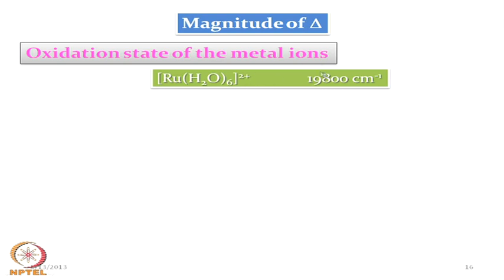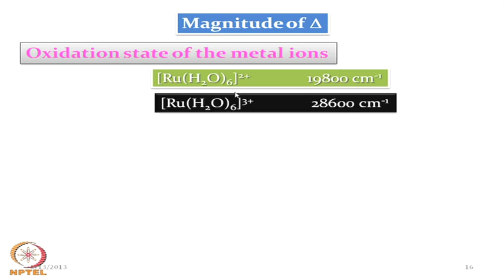This also gives some idea about the corresponding pairing energy term, which is known for the ruthenium system, and we can compare what type of spin state we get, whether this compound is high spin or low spin.